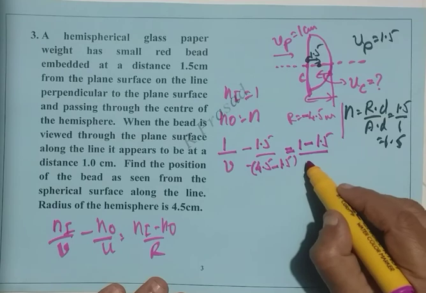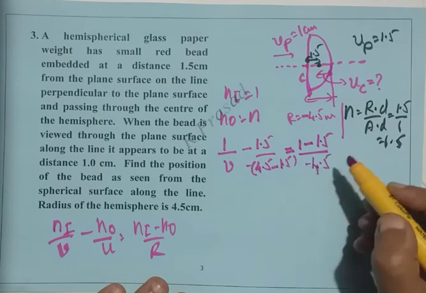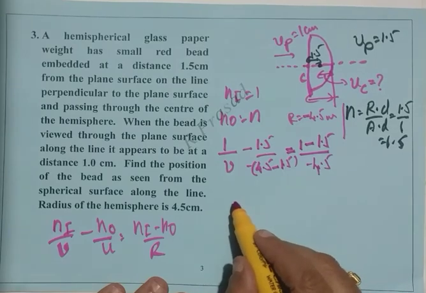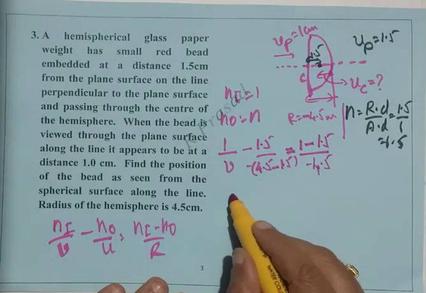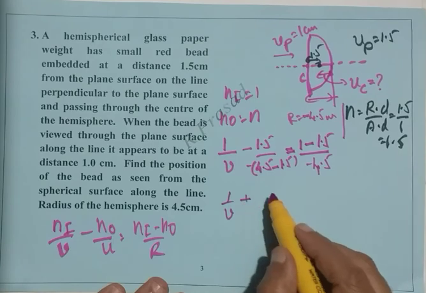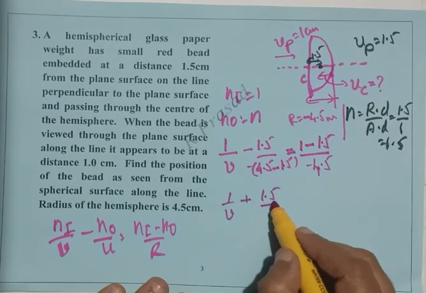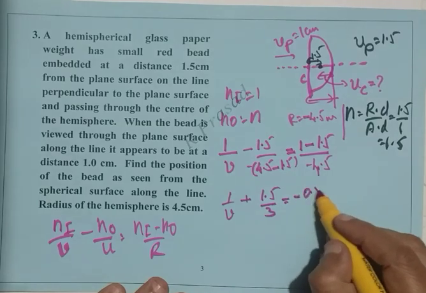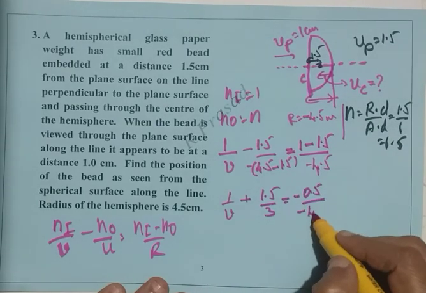R is minus 4.5. If we simplify all these things, say for V, we will get this. Say 1 by V plus 1.5 by 3, which is equal to minus 0.5 by minus 4.5.